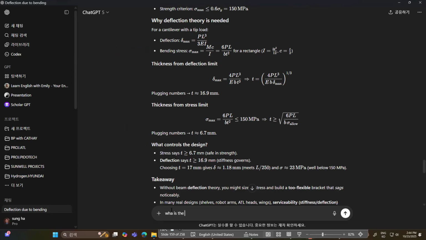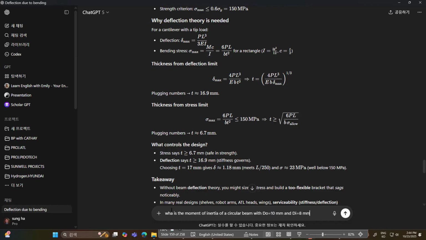What is the bending moment of inertia of a circular beam with D0 equal 10 millimeter and DI equal 8 millimeter?